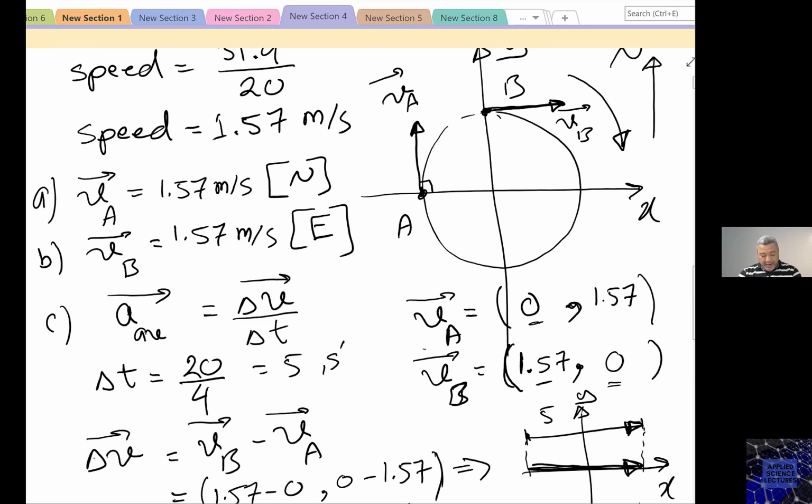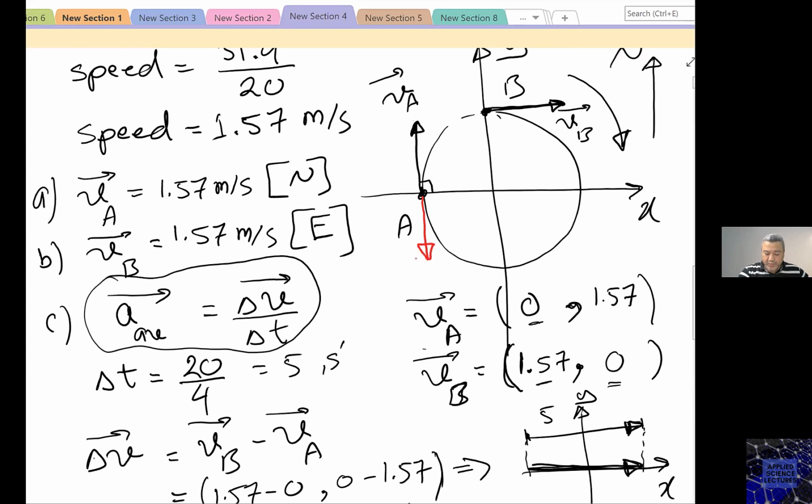So back to the equation here for my average acceleration. It has the same direction as the change in the velocity. So if I take the change of the velocity direction, then here I have VB minus VA, and that's why I will flip the VA to minus VA.